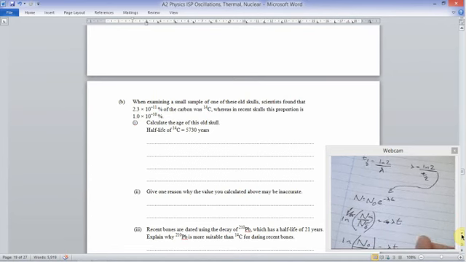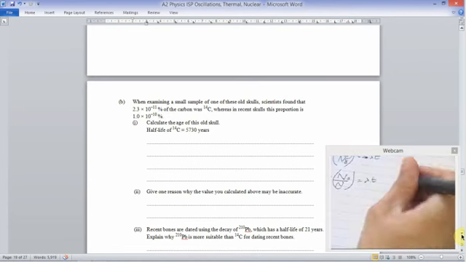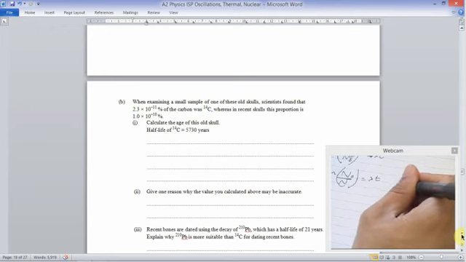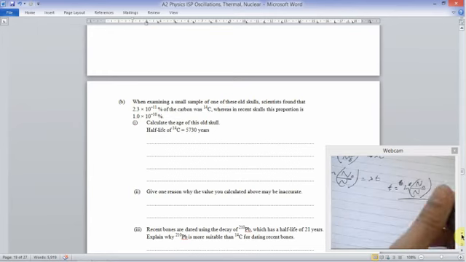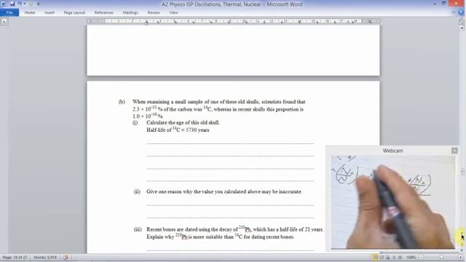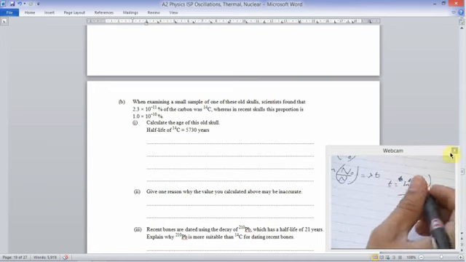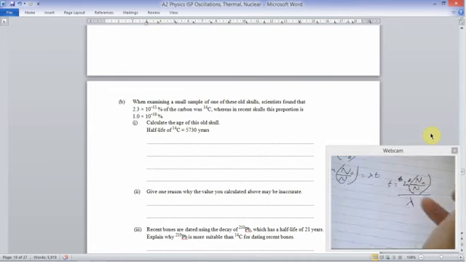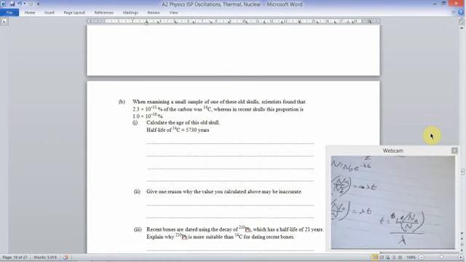So t is therefore equal to natural log of N naught over N, and all of that is going to be over lambda, with lambda being equal to natural log of 2 divided by the half-life value that we're looking for.